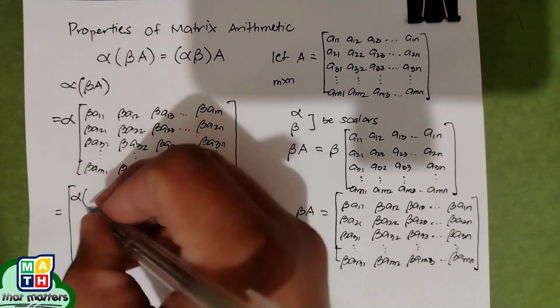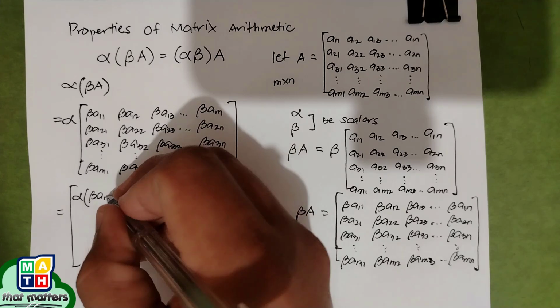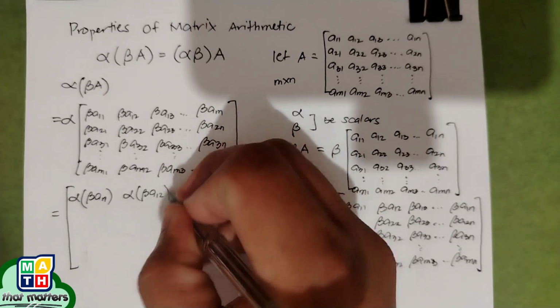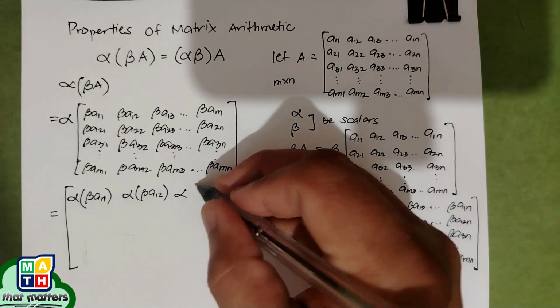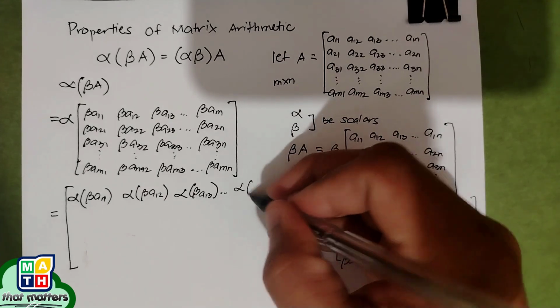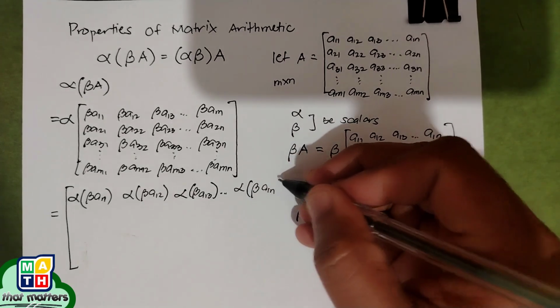You have alpha times beta A11, alpha times beta A12, alpha times beta A13, dot dot dot, alpha times beta A1n.